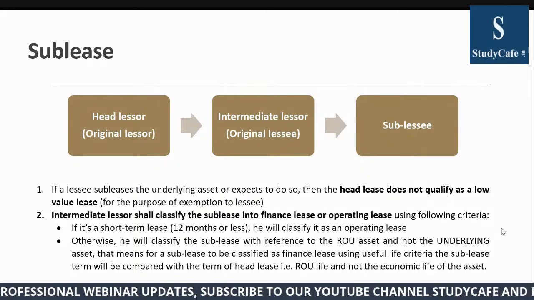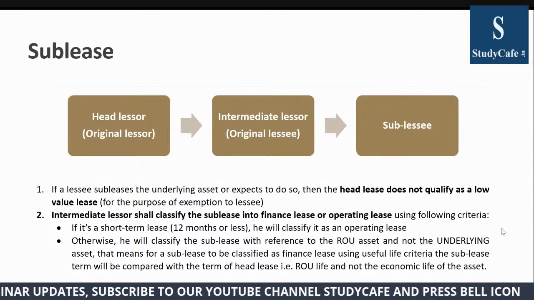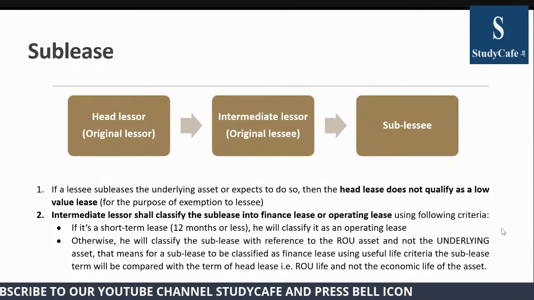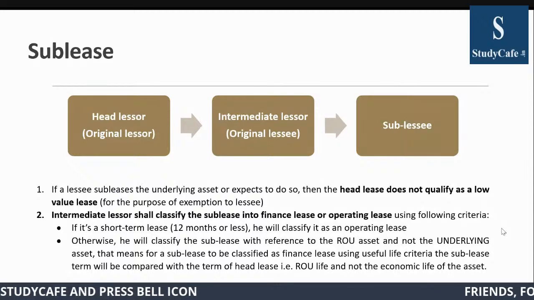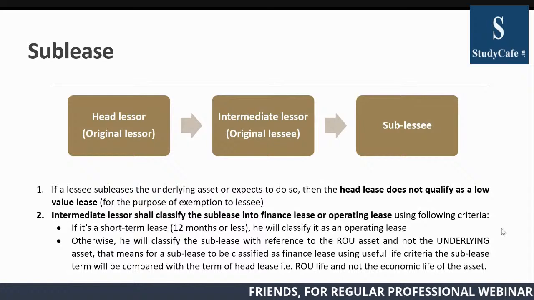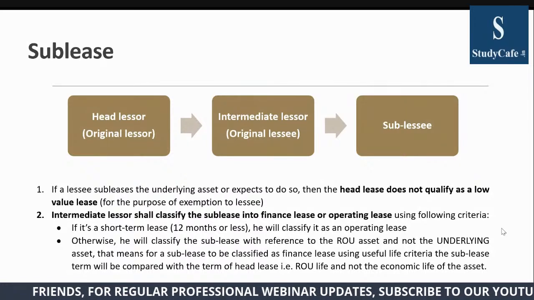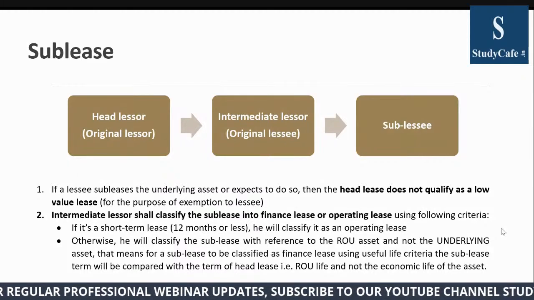For the main lease, company A is a lessee, but for the sublease, company A is a lessor. So now, as a lessor, company A will be required to classify the lease into finance lease or operating lease. So, how will the assessment be done?